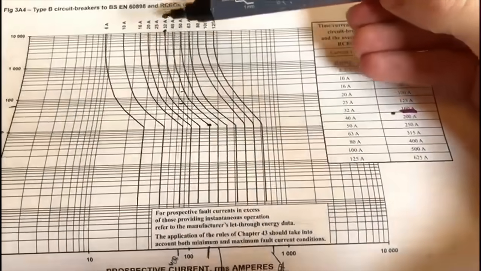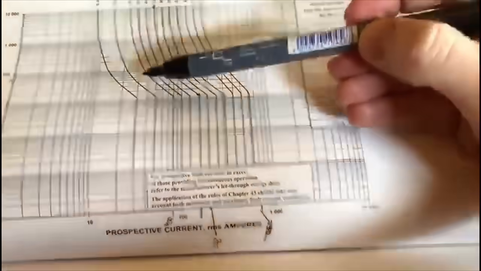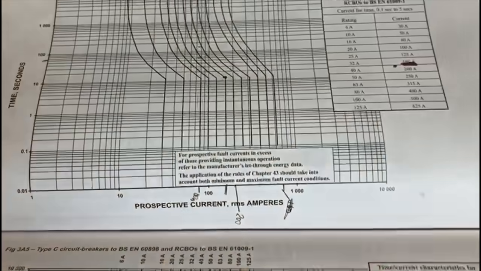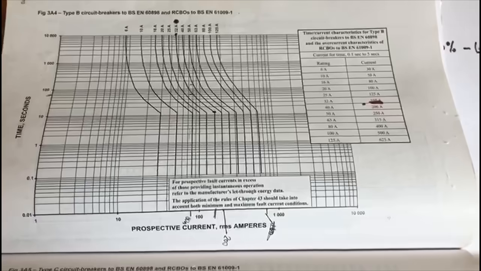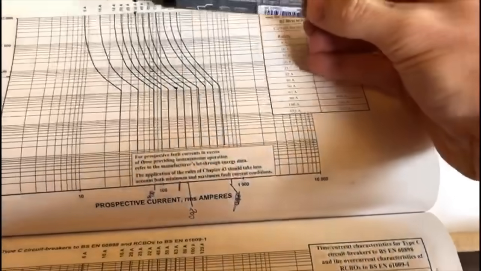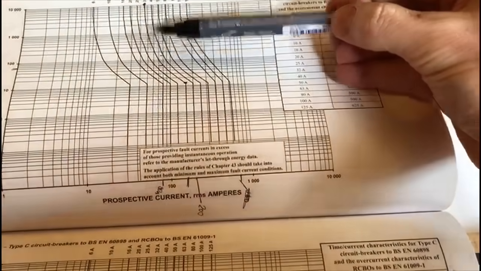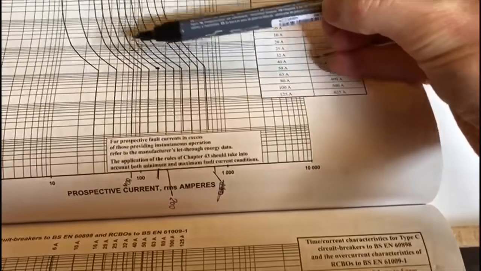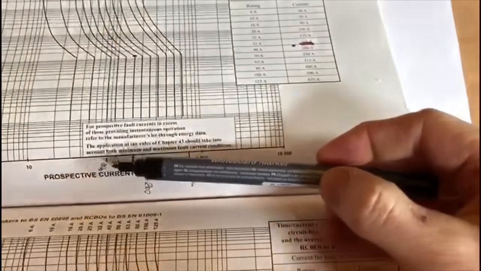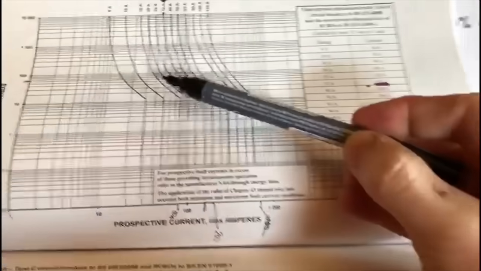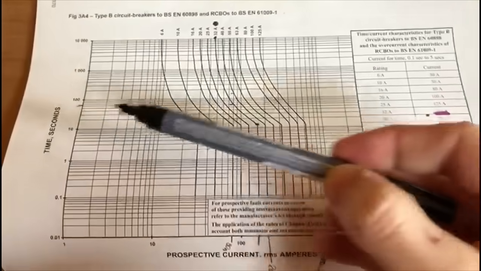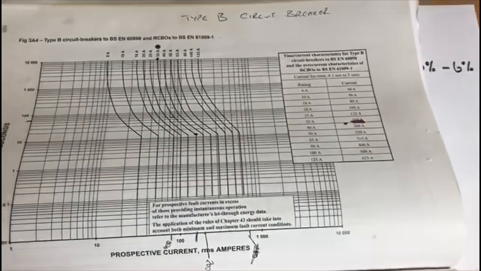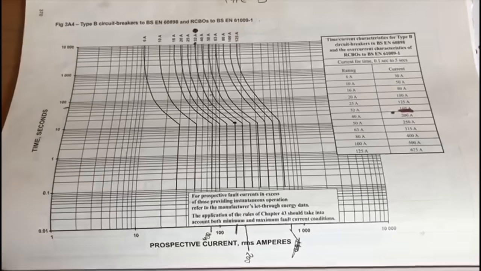So you notice that a 32 amp circuit breaker can roughly draw 40 odd amps quite comfortably, and it can do that for quite a long time. As the current increases, as we follow the curve, increasing the current, if you go across to the time scale, it means that the more current that is going through that circuit breaker, the less time it will operate for.